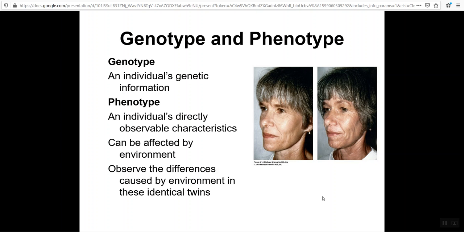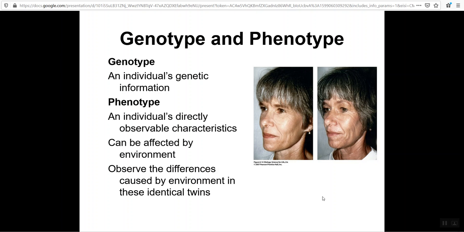Really, the most obvious place we see this is with identical twins. If you've ever known a set of identical twins, or maybe identical triplets, which is relatively rare, you will know that they look very, very similar, but not exactly the same.